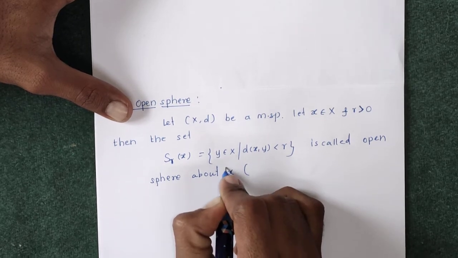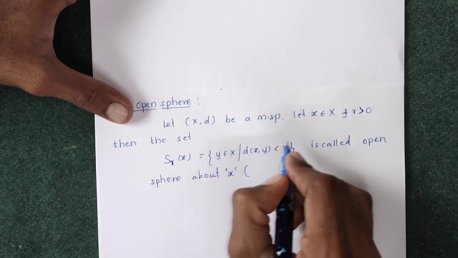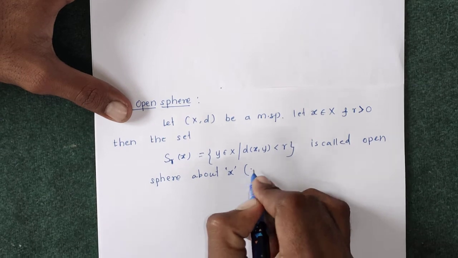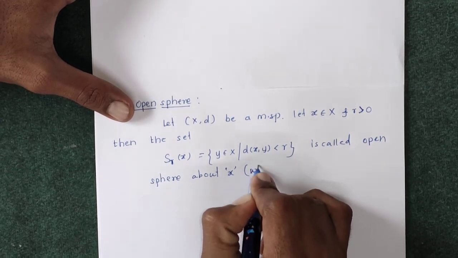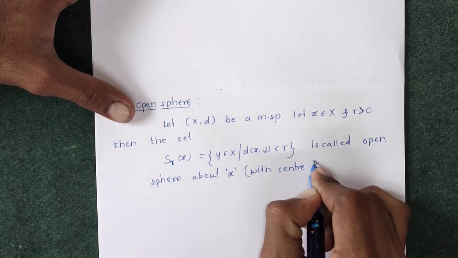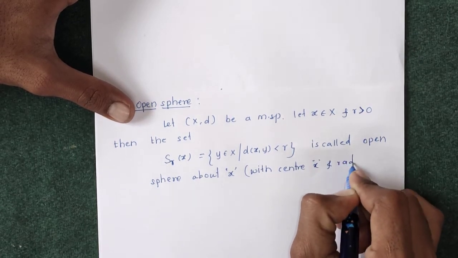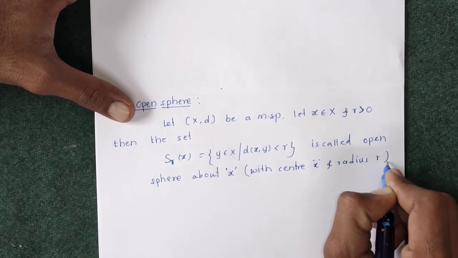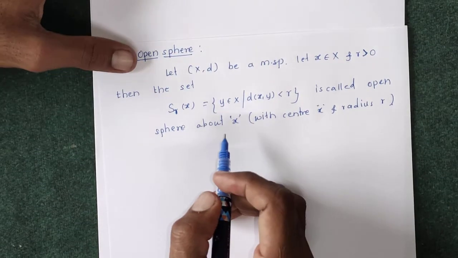About x means the open sphere centered at x and with radius r, that is, with center x and radius r. So this is the theoretical definition.